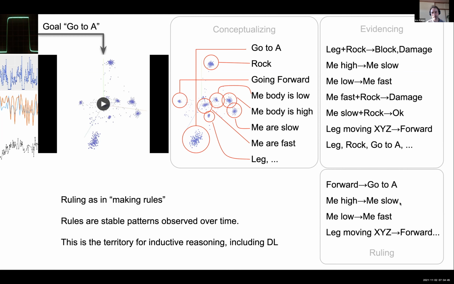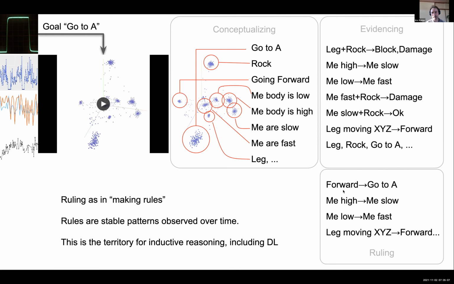Then, going forward leads to go to A. It's a kind of rule that shows that these rules also can disappear over time. It's a rule that is more local to the mission here.